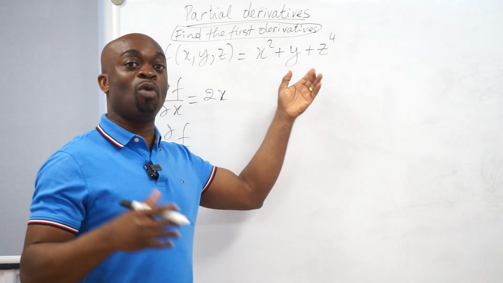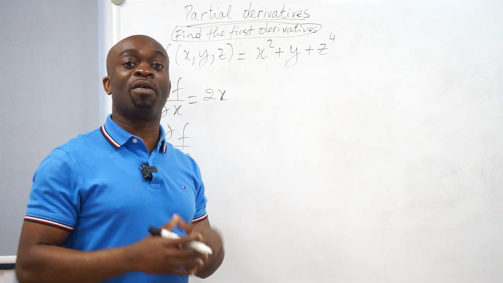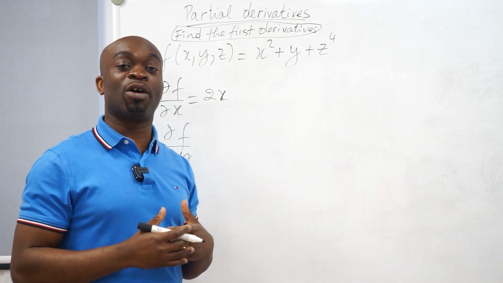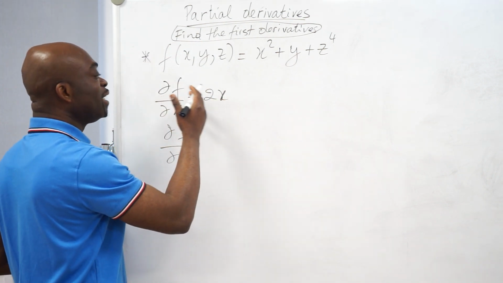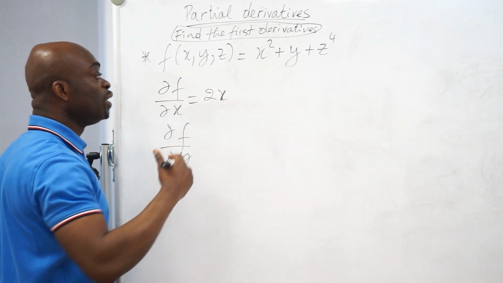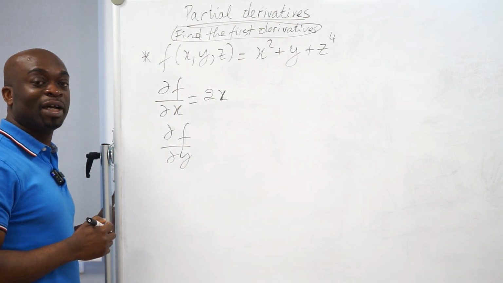So y becomes a constant, and the derivative of that is 0. Z to the fourth power becomes a constant, and the derivative of that is also 0. So basically, your final answer here is 2x, because the other two will give you 0. So this one will be your final answer.